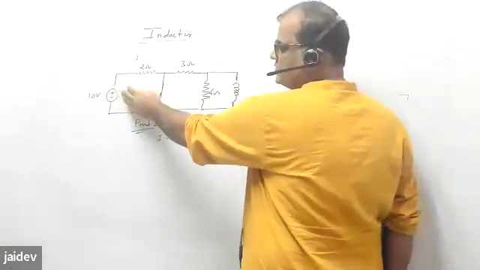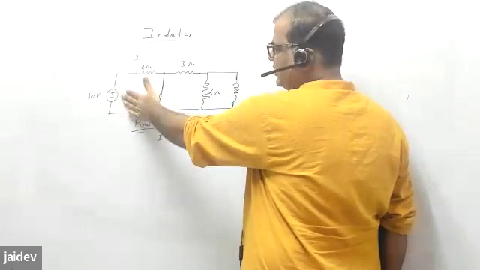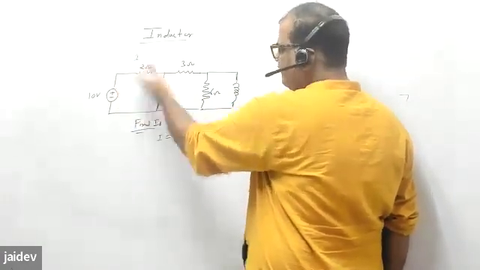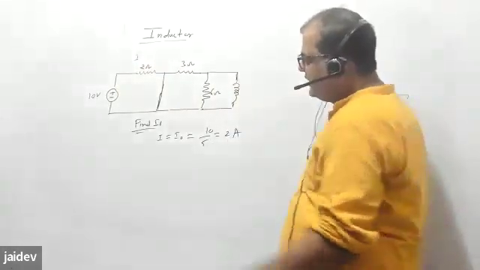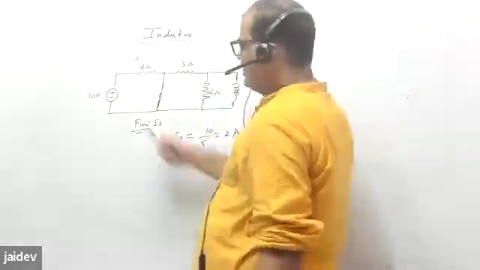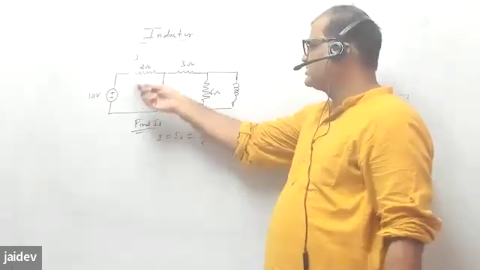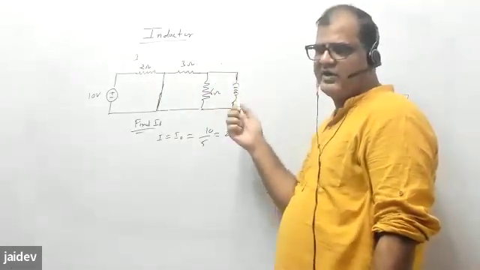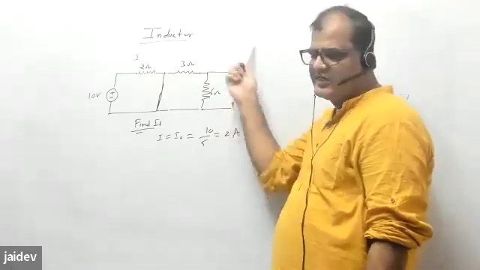So now this source is not having any influence on this inductor. That means this circuit now becomes a source free circuit, because the voltage is not giving any current here, so now it will start discharging.